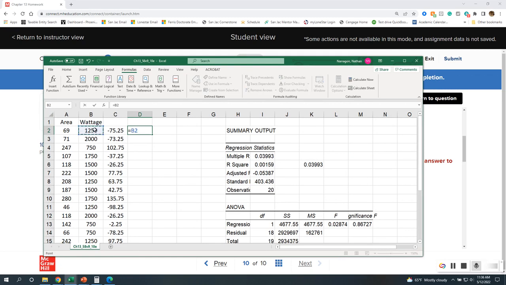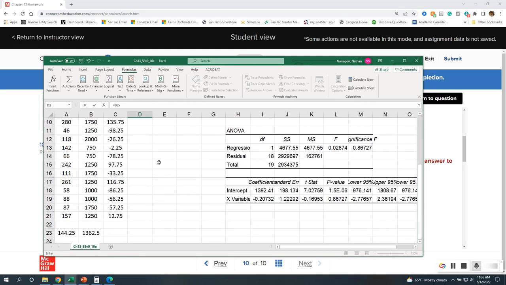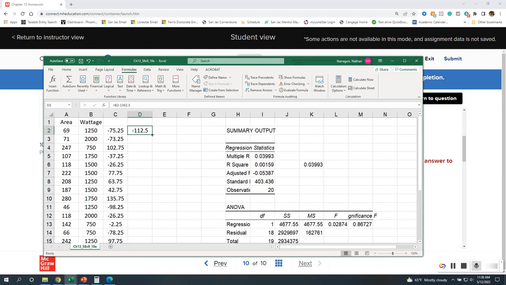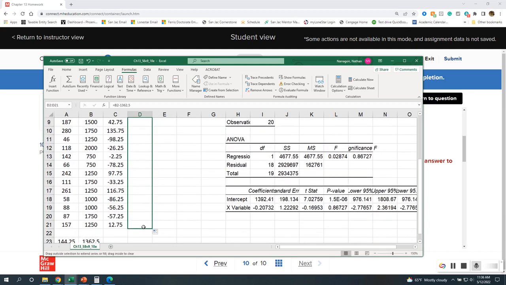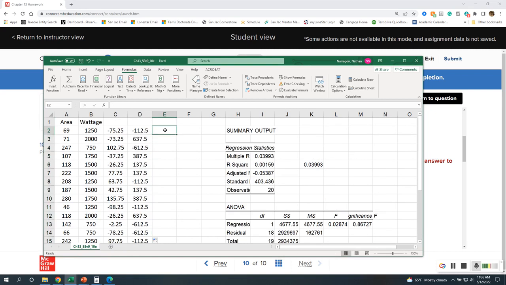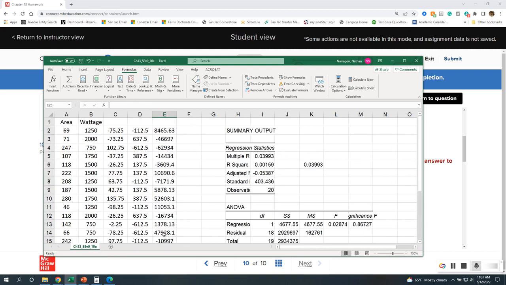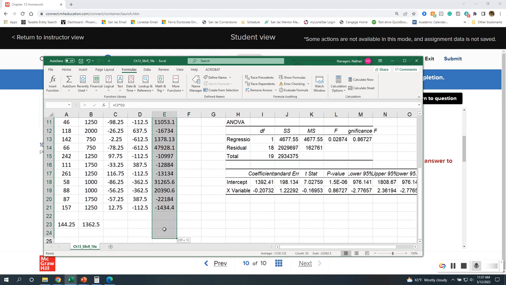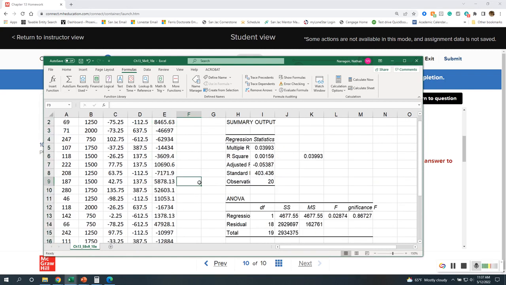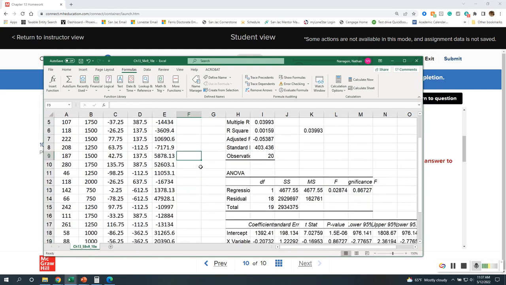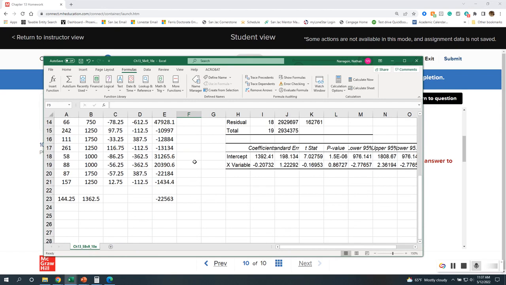So this equals the y minus 1362.5. Then we're going to multiply the two and find the sum of this. So again, we're going to try and see if we come up with the same number or a different number using the formula.